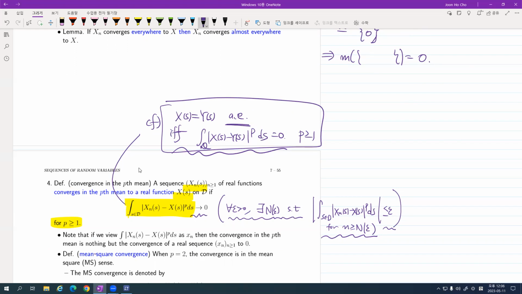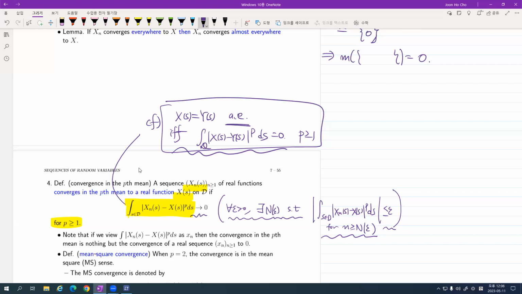You may want to say that if this sequence converges to 0, then I can introduce a new definition, and it could be the same as almost everywhere convergence. Is it true? Surprisingly, they are different. This is not equivalent to almost everywhere convergence.